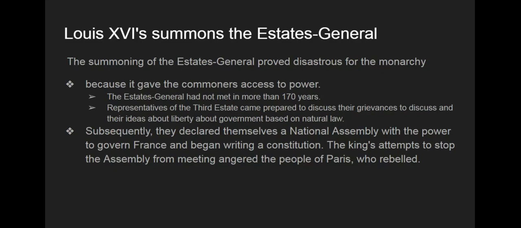As a result, the Estates General declared themselves as a national assembly with the power to govern France, and they began writing a constitution. They actually began writing a declaration in the tennis court on the castle grounds. The king's attempts to stop the assembly from meeting angered the people of Paris, who ended up rebelling.